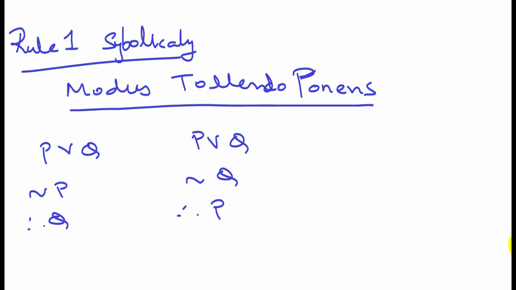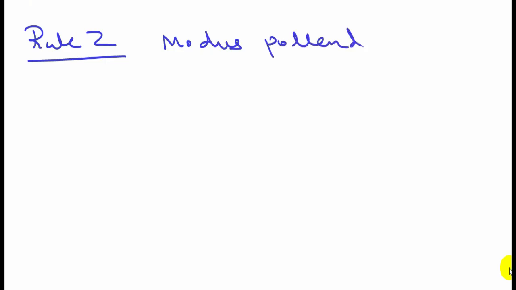And the rule 2 example was this is modus ponendo tollens. It states P or Q. Now, modus ponendo tollens affirms.